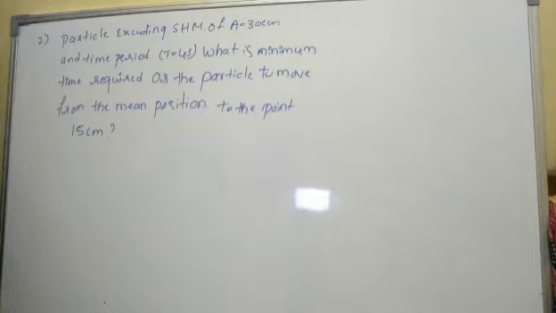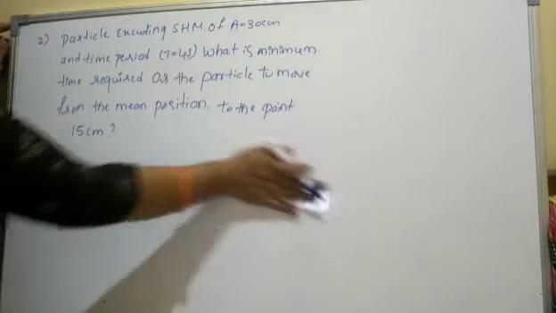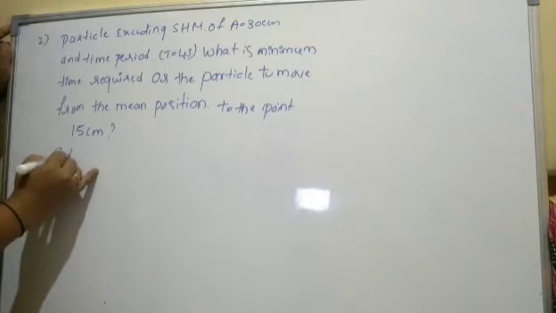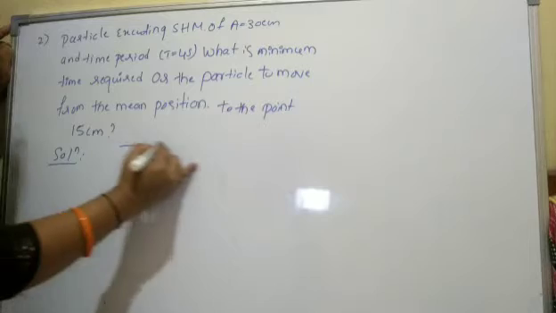That means it already reached the extreme position. So by taking 4 seconds, it completes its extreme position from the mean position. So we'll frame the diagram here so that we'll get the conclusion.